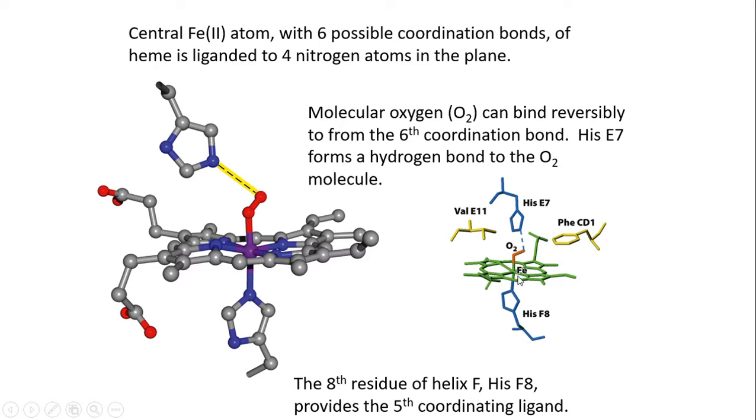And the iron group is also on the underside of the plane, coordinated by a histidine in the F helix in the 8th position. So there are 4 ligands within the plane, 1 ligand above, and 1 ligand below that coordinates and holds that heme group in place, or in the binding pocket.